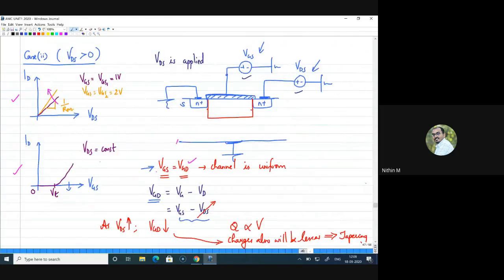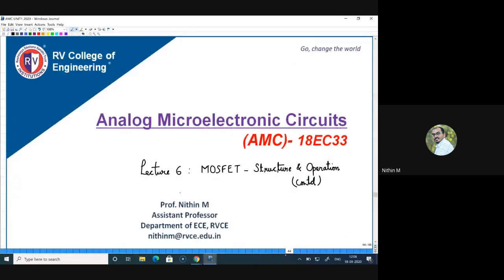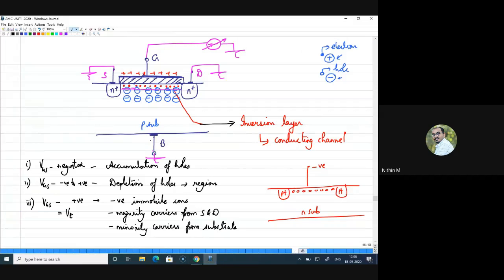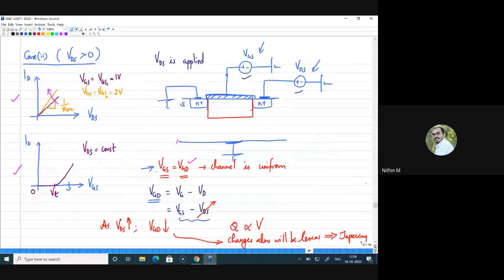We understood the channel formation. This is your sixth lecture. We understood the structure, we understood the channel formation, then we spoke about threshold voltage, then we looked at how the current and voltage are related from the operation.